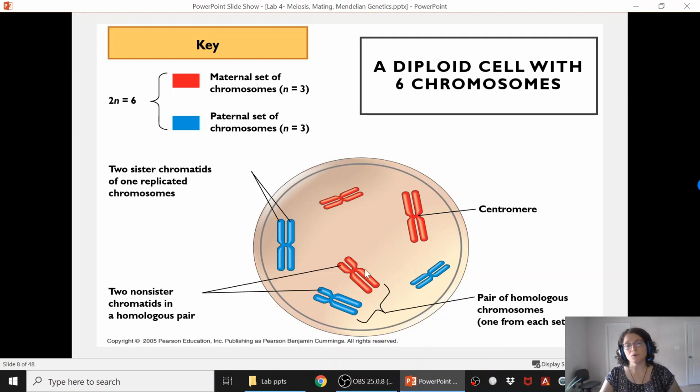The centromere holds these together, and we call them one chromosome until the sister chromatids divide. Right now, though, we wouldn't say that we had 12 chromosomes, even though technically it is. Remember that they all line up with their centromeres aligned in one line and divide equally their sister chromatids for mitosis, the identical division.